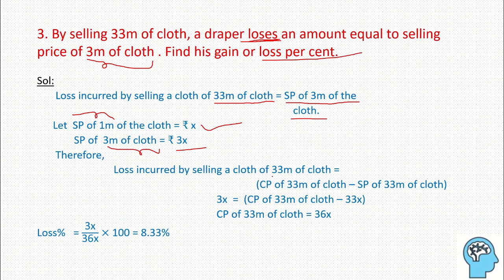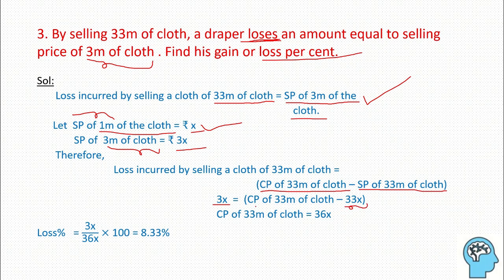So loss incurred is calculated as cost price of 33 meters of cloth minus selling price of 33 meters of cloth. And from this statement, that loss is equal to 3x. If the selling price of 1 meter of cloth is x, the selling price of 33 meters of cloth will be 33x.